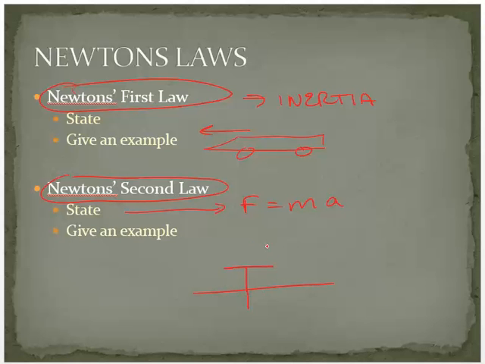When we hit it, we're applying a force. The nail is the mass. What happens to the nail? It gains speed. It goes down, so it accelerates. There's a perfect example of Newton's second law: hit it with a force, and it causes the mass of the nail to go downward, gaining speed, so it's accelerating.